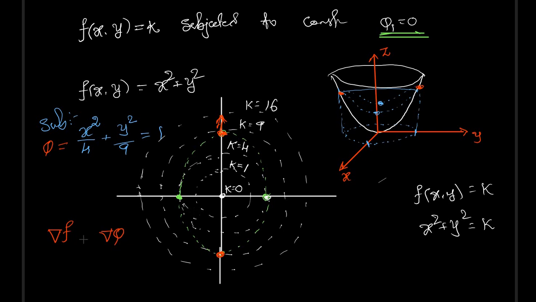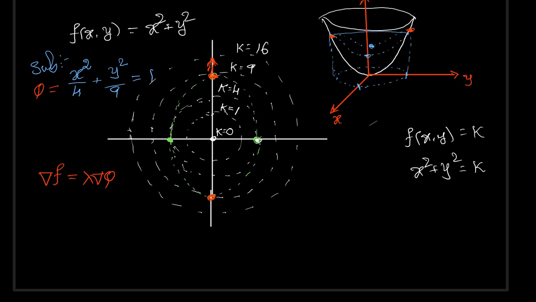We are saying these two vectors are parallel. If they are parallel, one must be a constant multiple of the other. So at a point of maxima or minima, these two gradients are proportional: fx i plus fy j must be equal to lambda phi x i plus lambda phi y j.